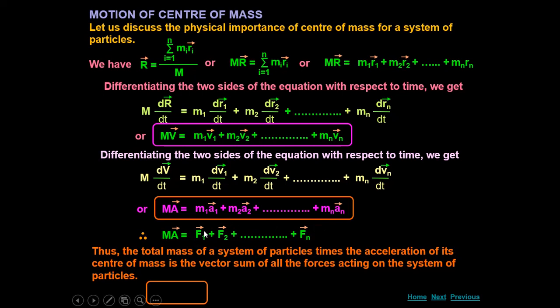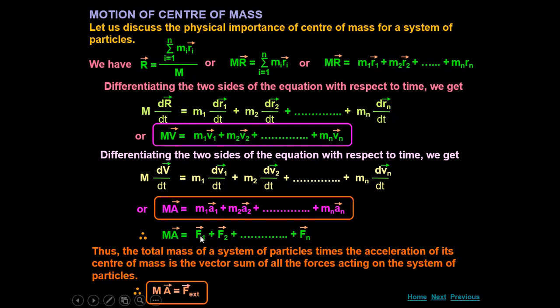If different external forces are acting on each particle of the system from outside, f1, f2, all these are external forces acting on each particle of the system. If you add all these external forces, then the sum of all these external forces becomes equal to the product of the mass of the system of particles and the acceleration of the center of mass of the system of particles.